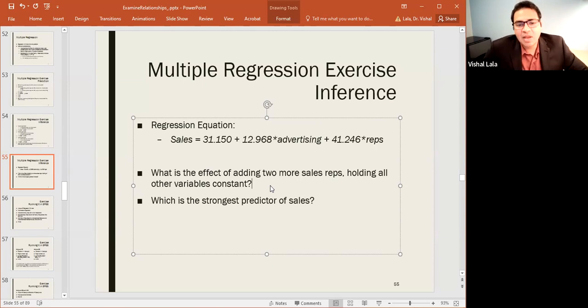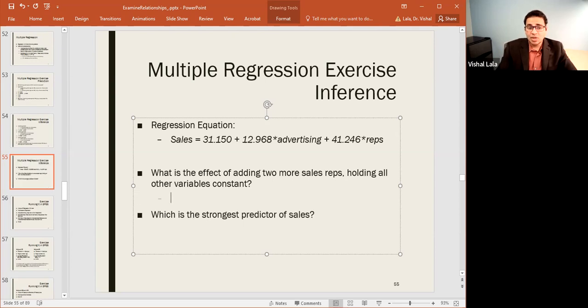When you examine the marginal effect of the coefficient of a variable in multiple regression, that is holding everything else constant. So, if you add 2 more sales reps, keeping advertising spots the same, you would conclude sales would increase by 41.246 times 2, which would be whatever that number comes to.